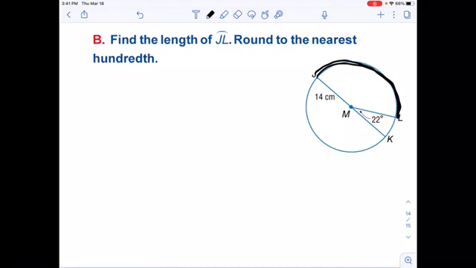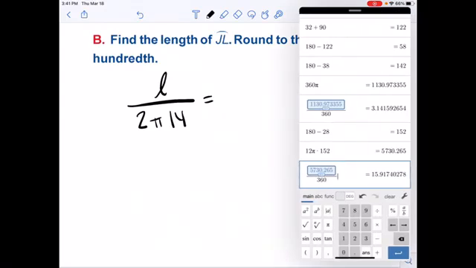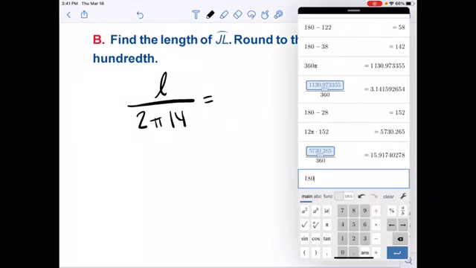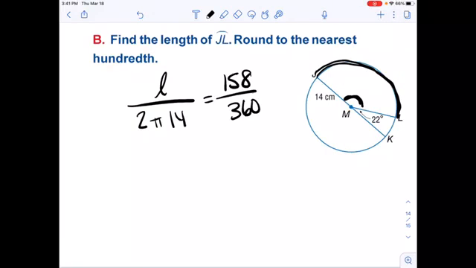So we have our same equation, L over circumference, so that's 2 pi r, equals, once again, we need to find this missing central angle. We get 158 over 360. Go ahead and cross multiply.